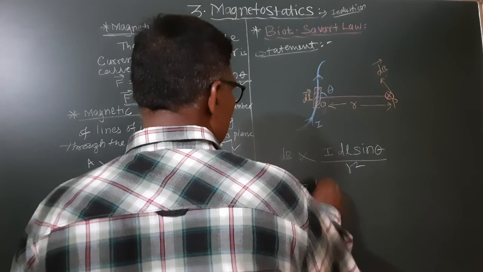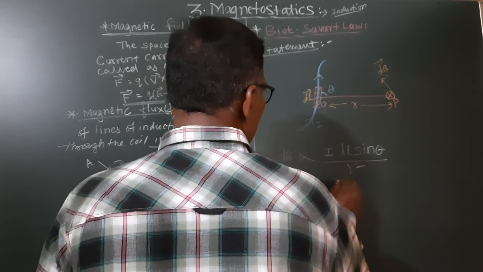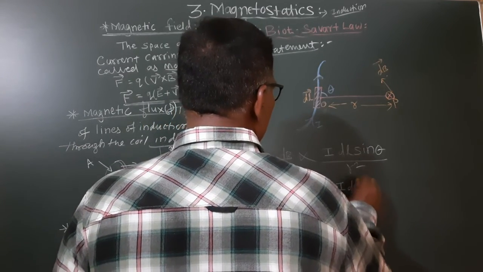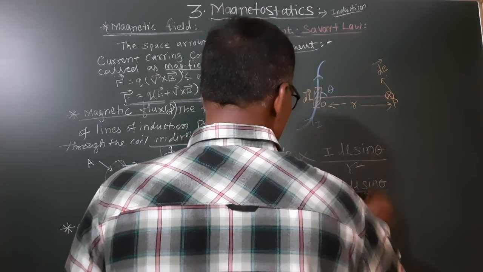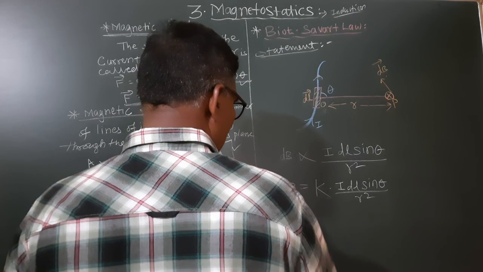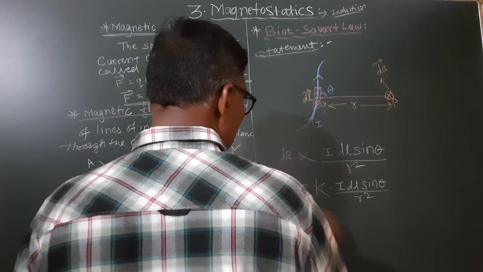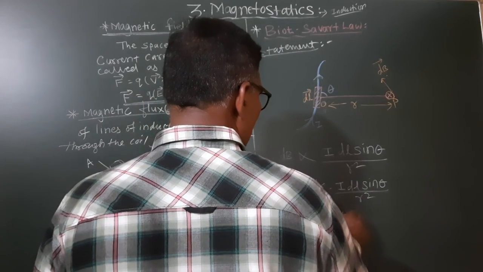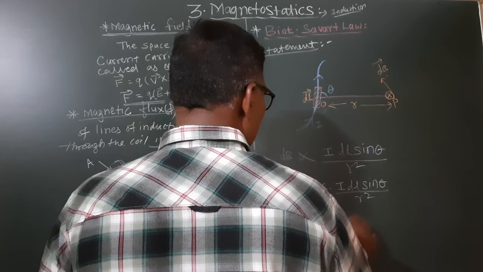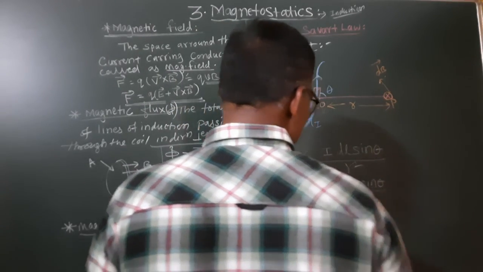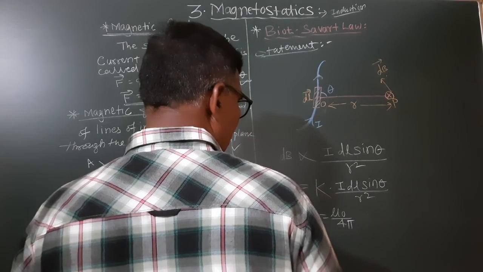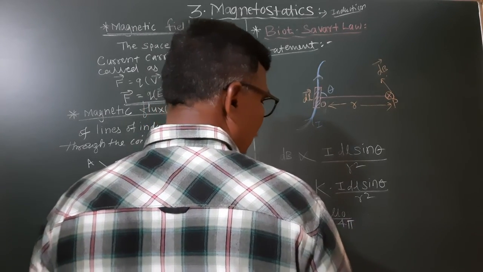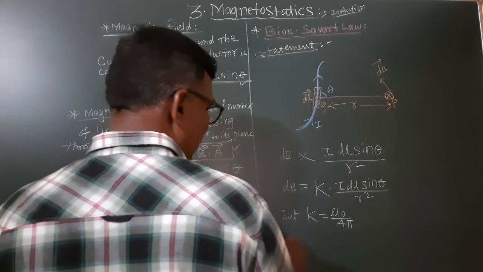Let the proportionality constant be k, so dB equals k times dl sine theta divided by r square. But k is the constant of proportionality, having value mu 0 upon 4 pi, and this mu 0 upon 4 pi is a constant called the permeability of free space.